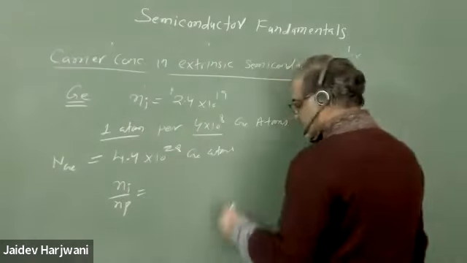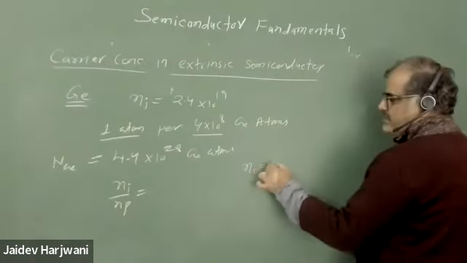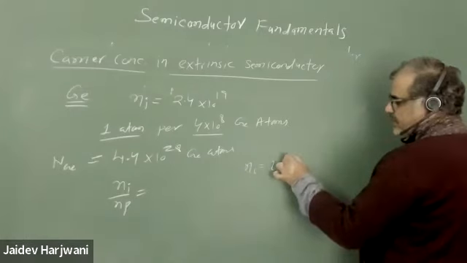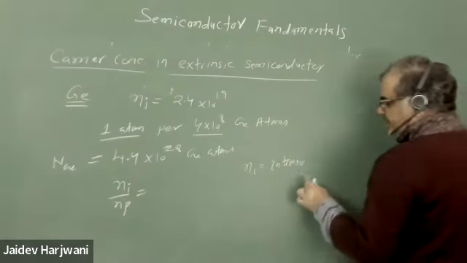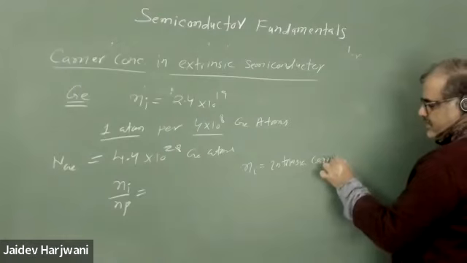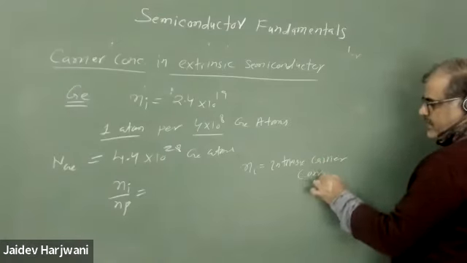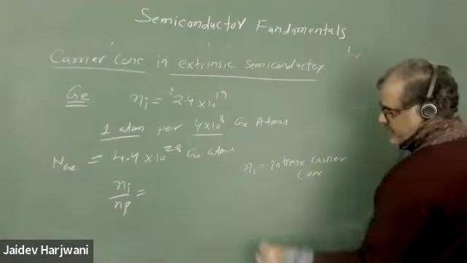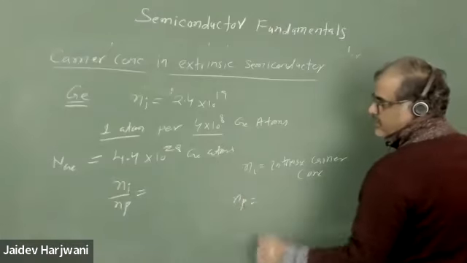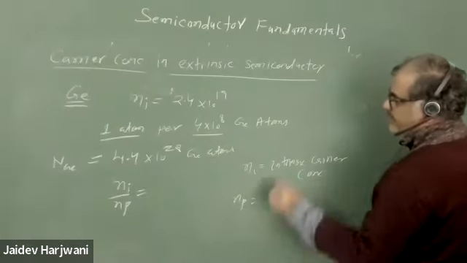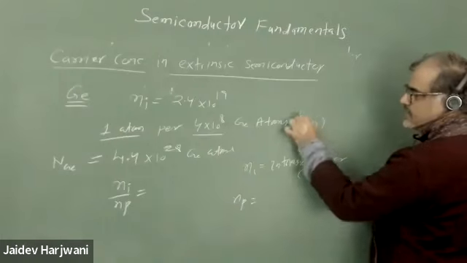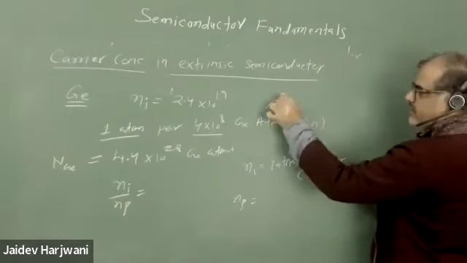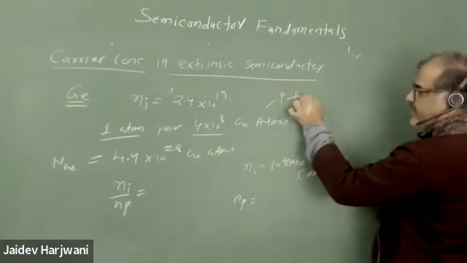Ni is the intrinsic carrier concentration, and Np is what? When we are doping indium, we are making p-type material.